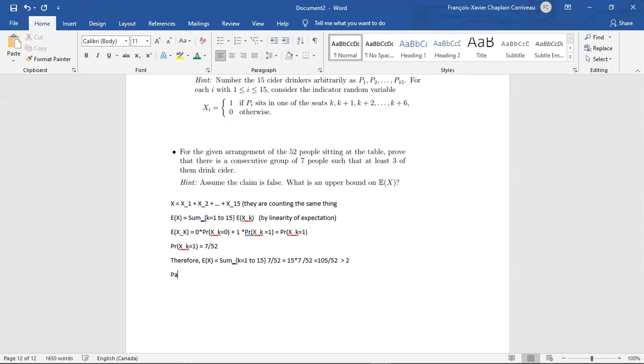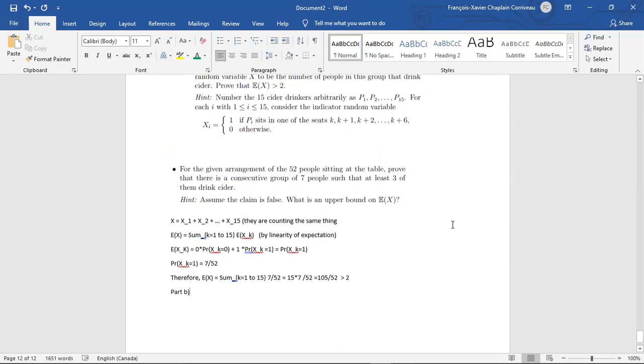So what about part B? Okay, part B. For the given arrangement of the 52 people sitting at the table, prove that there is a consecutive group of 7 people such that at least 3 of them drink cider. So we have one arrangement. We want to prove that there exists a consecutive group of 7 people such that at least 3 of them drink cider.